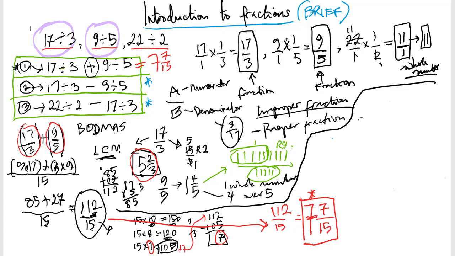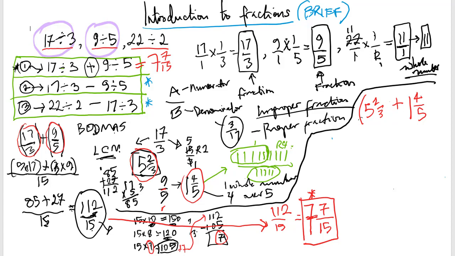Then 9 over 5 is equal to 1 whole number 4 over 5. So we can just use this equation and say, instead of 17 over 3, we write 5 whole number 2 over 3. Then you now put plus. Instead of 9 over 5, you do 1 whole number 4 over 5.